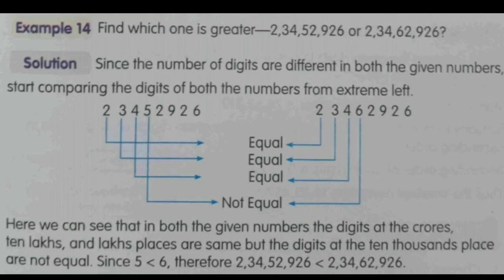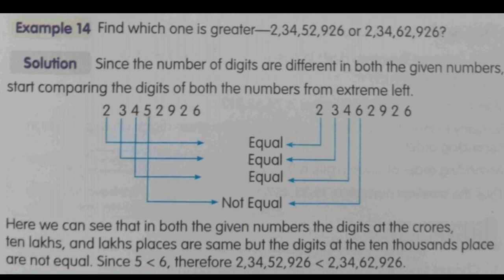So let us compare the first digit, that is 2, that is same. Moving on to the next digit, that is 3, again same. Moving on to the next digit, that is 4, again same. Moving on to the next digit, that is 5 in one and 6 in another. So here we can see that in both the given numbers the digits at the crores, 10 lakh and lakhs place are same, but the digits at the 10,000 place are not equal.